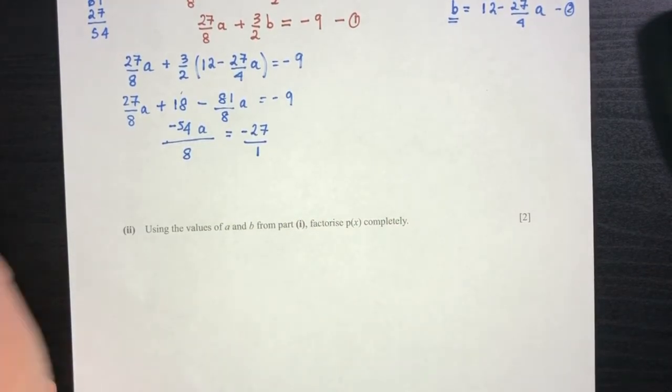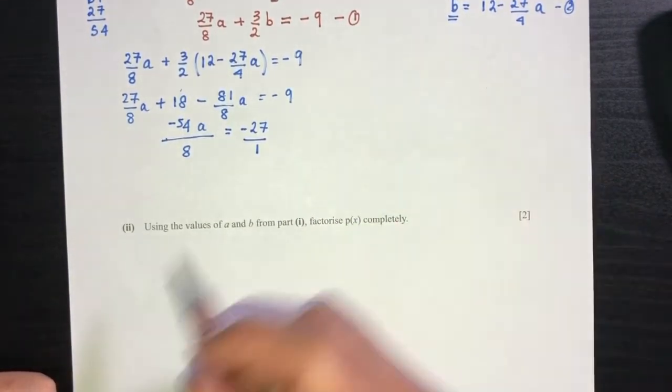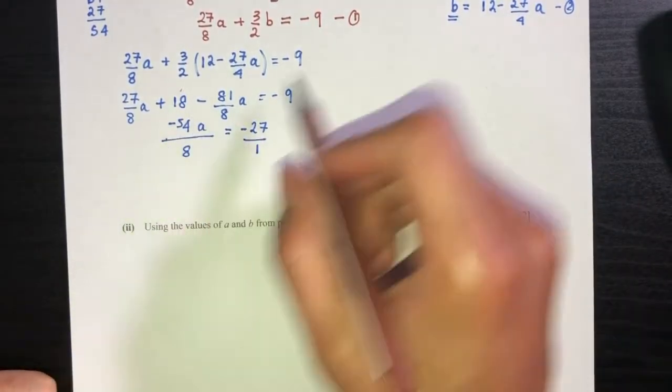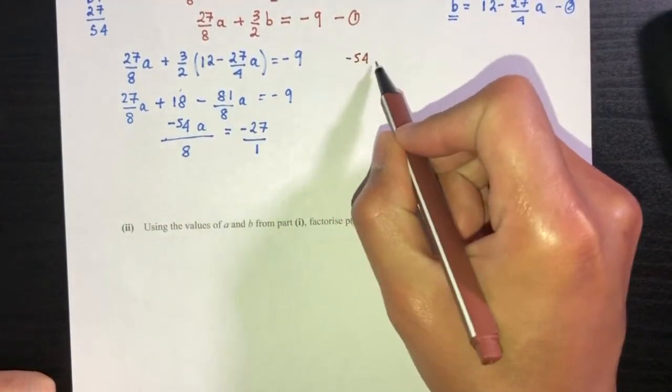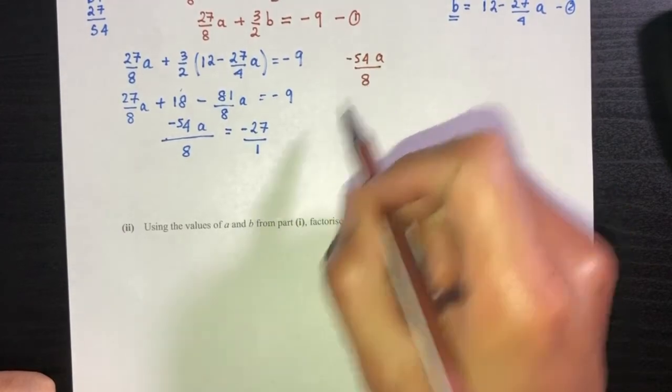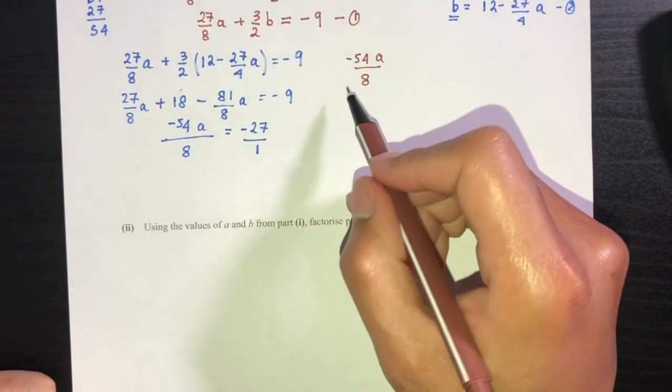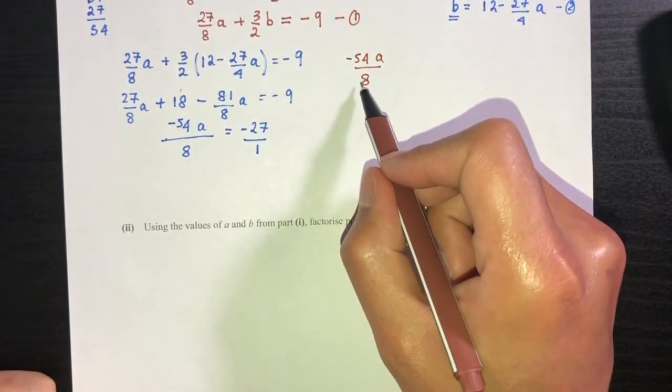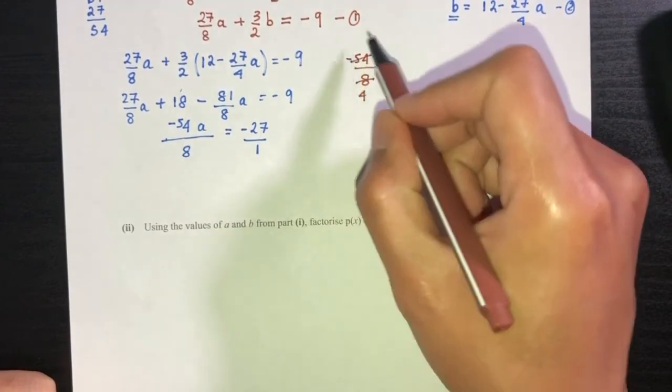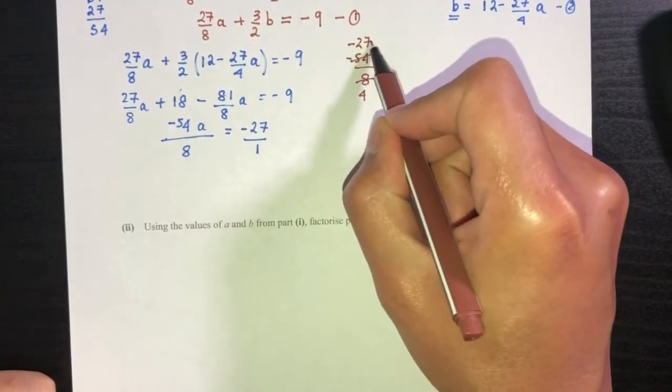Now let's simplify and see what can happen. Right now on this side we have minus 54a over 8. Let's divide by 2. You have 4, you have minus 27.